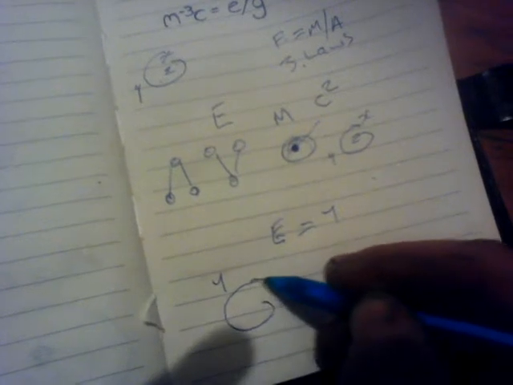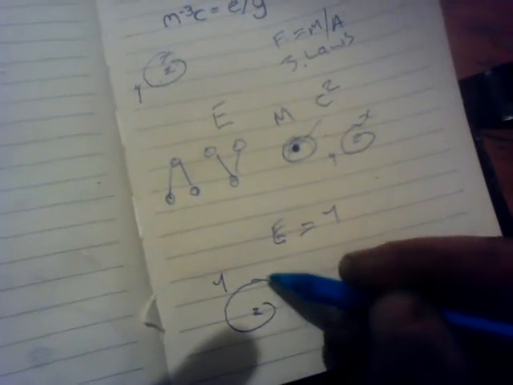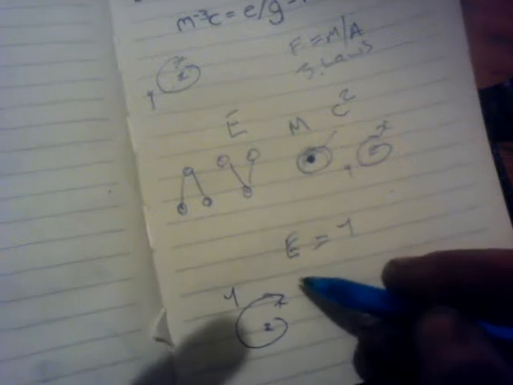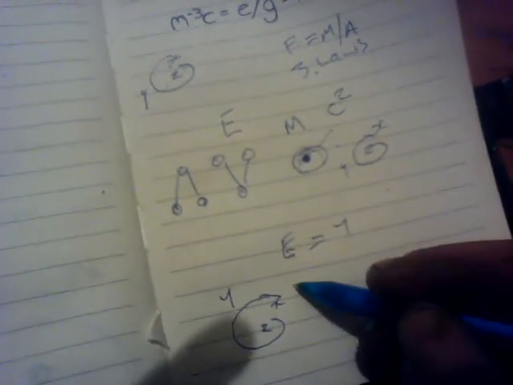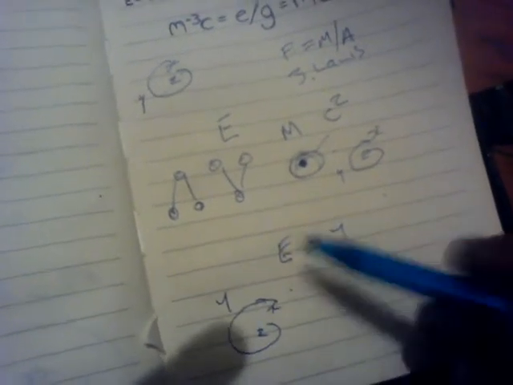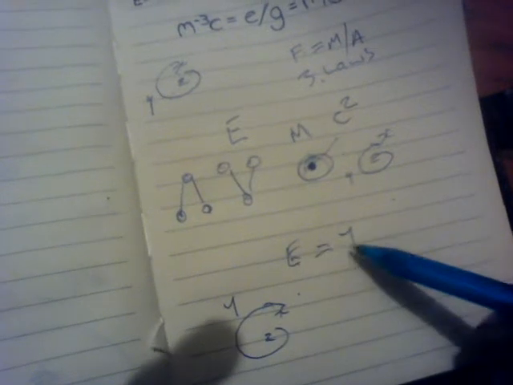we have our Z here and X here, and then we can say that what are we looking at? Energy equals mass and the speed of light squared.